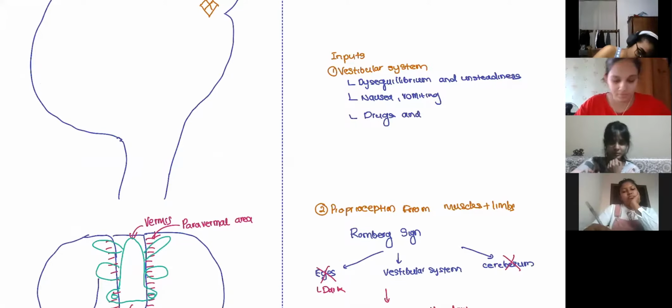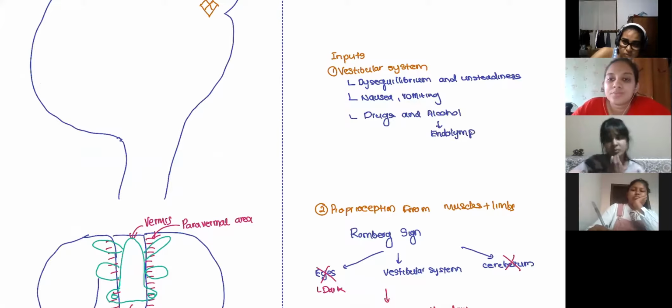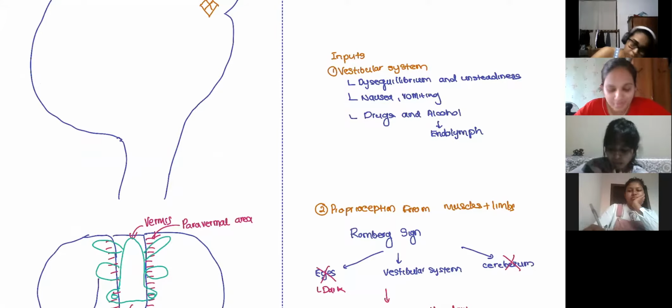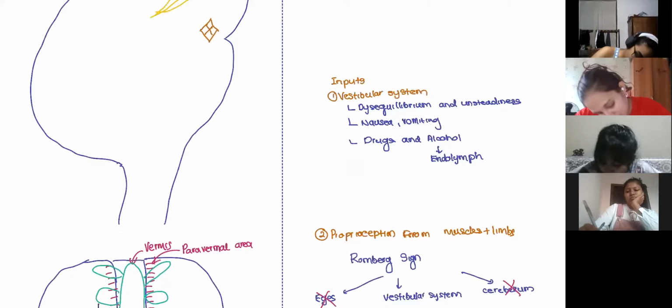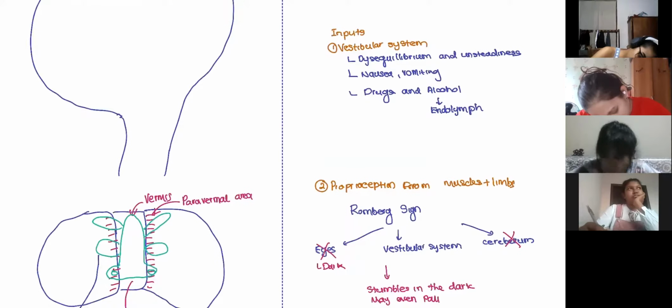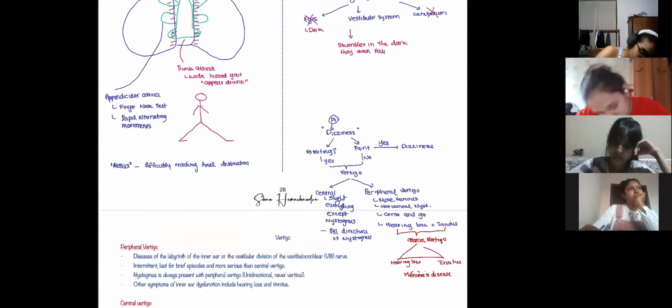Drugs and alcohol. Alcohol enters into endolymph and it disrupts the function of the vestibular system. That's why you get loss of balance. Do you guys understand this?